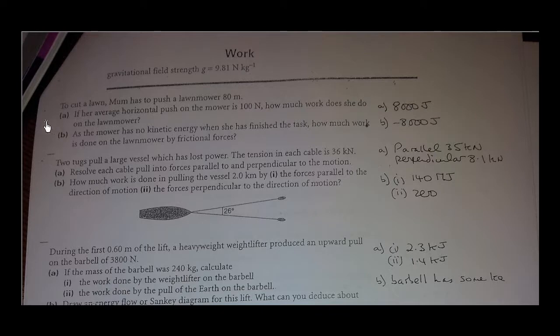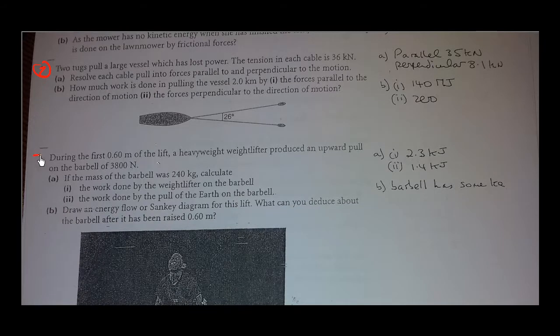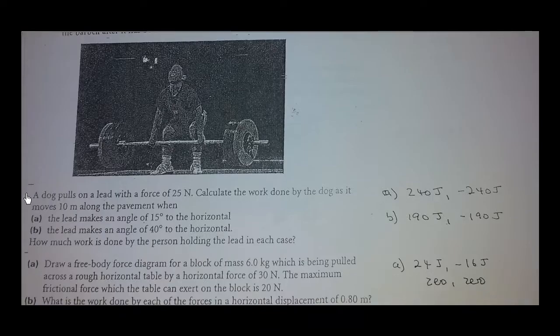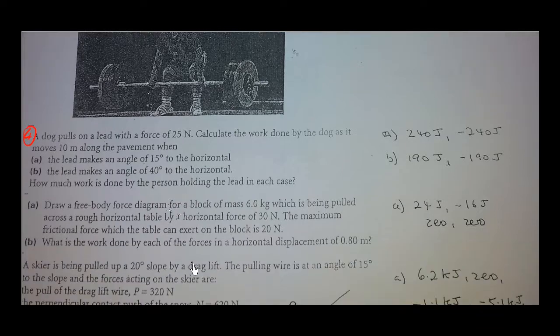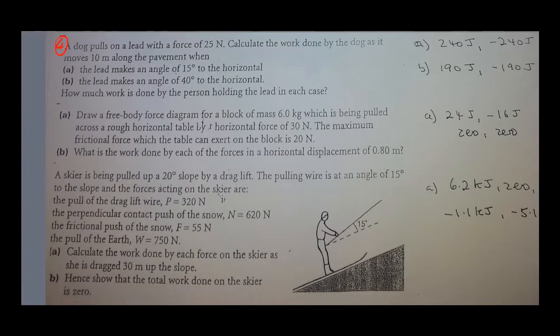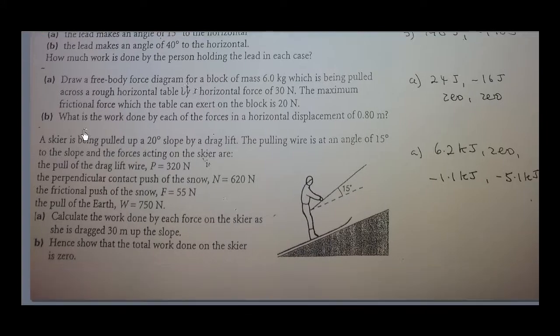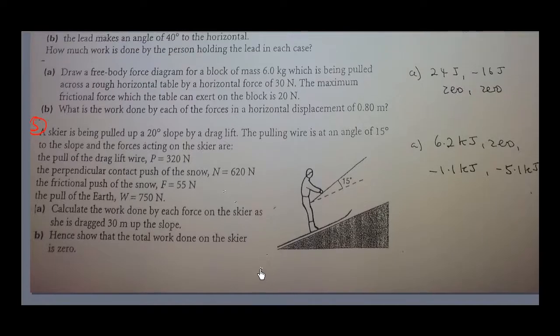The questions don't really appear in the first sheet for some reason, but I've labeled this one as question 1, the one with the boat is question 2, question 3 is the one with the weightlifter, question 4 has the dog, question 5 has the skier and the slope, and then the next sheet, that's question 5 here, and that would be question 6 with the skier and the slope. And so next sheet is question 7, and those are numbered.